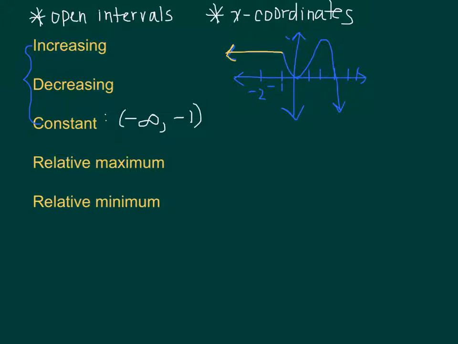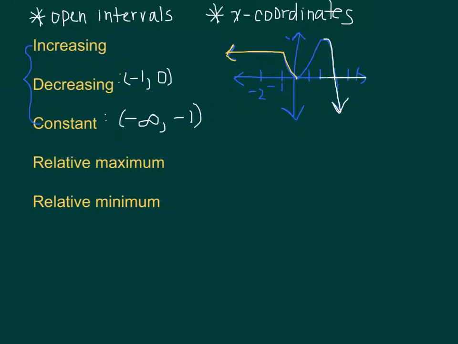Okay? And then where the graph then started decreasing. It decreased starting at negative 1 to 0. And then it also decreased at, see this point right here? See where the graph is decreasing?